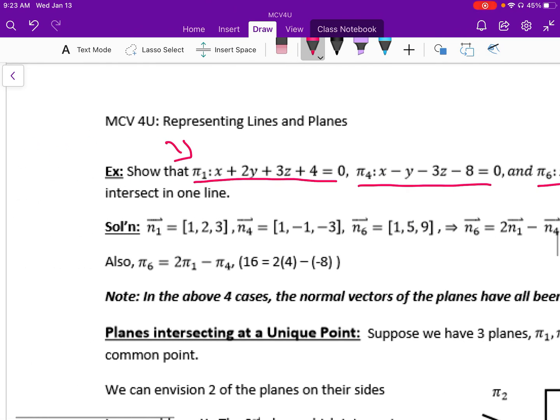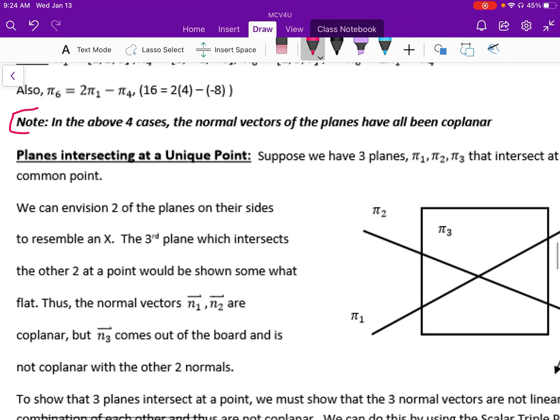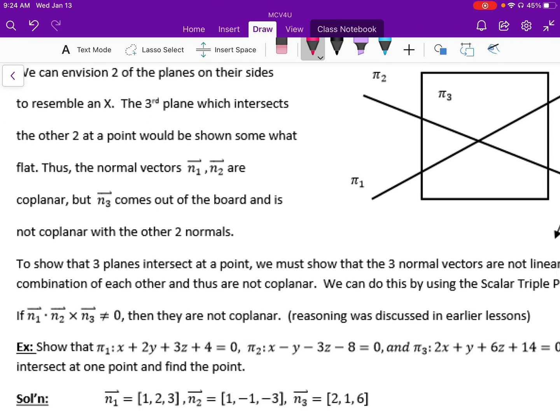Now, I talked about this note. In all above 4 cases, the normal vectors and planes have been coplanar. The last example is when these normal vectors are not coplanar. How do we show that things are not coplanar?